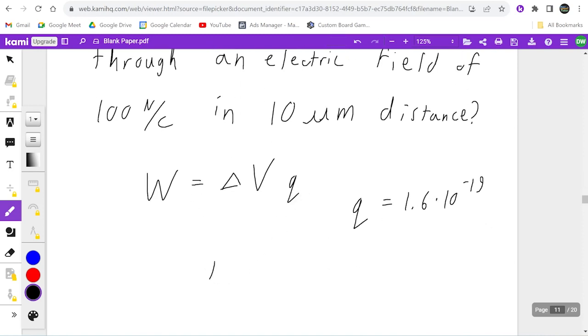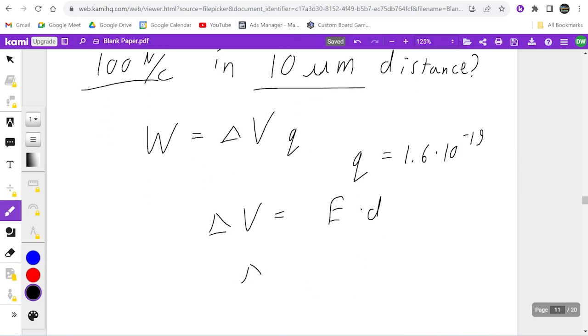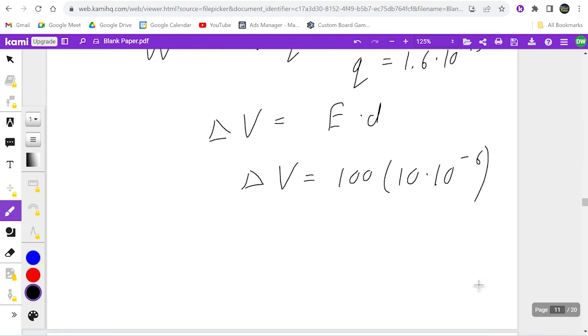We have an equation for delta V. Delta V equals negative E times D, and I ignore that negative sign, because why would I not? The electric field is 100, and the distance is 10 micro. So delta V is 100 times 10 to the minus 6. This I did not plug in a calculator, so just real quick. 100 times 10 to the negative 6. Delta V is 0.001 volts.